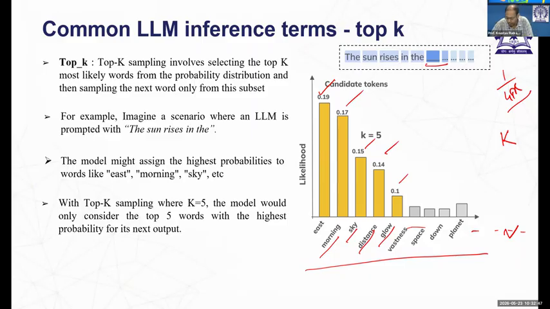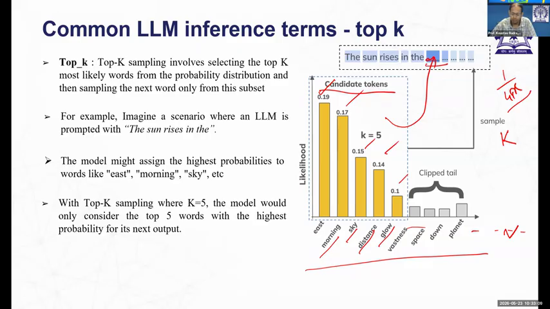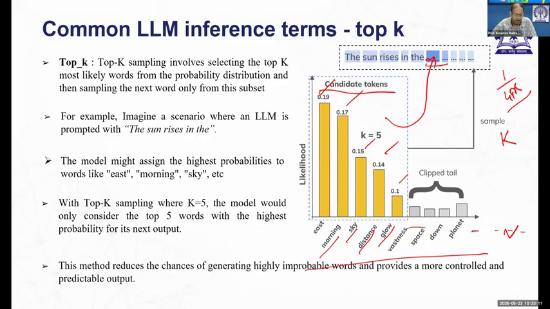These are the candidate tokens: east, morning, sky, distance, and glow. The model will take this candidate set, sample one particular token out of it, and fill the blank. This is the idea of top k sampling, and this method reduces the chances of generating highly improbable words and provides a more controlled and predictable output.